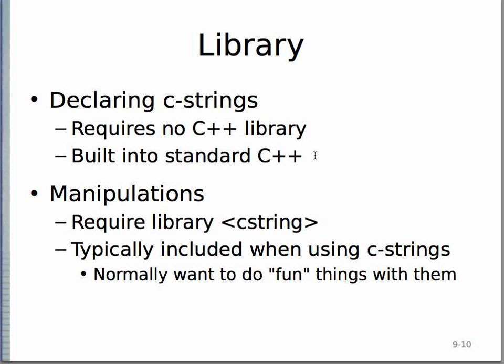It's really just part of the C specification. And if you want to use all of the library functions for regular C-style strings, you have to #include this, cstring. If you #include cstring, there's a whole bunch of functions that we can use that manipulate C-style strings.